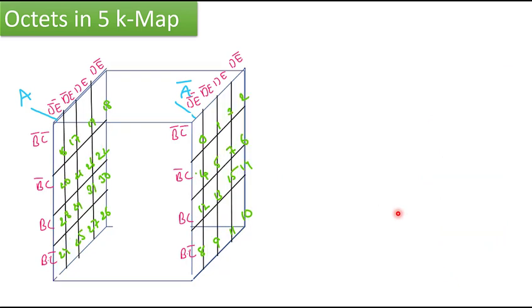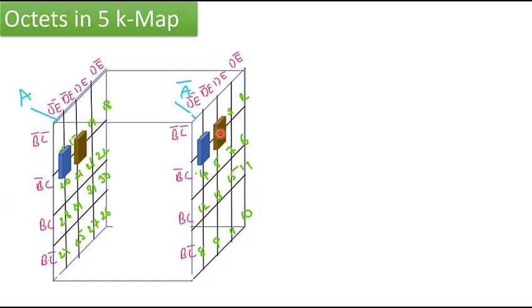Now we will see other possible octets, these 4 ones and these 4 ones. In this case your A gets eliminated, and in this case, if you look here, your C gets eliminated. In this case your E is getting eliminated, so you are going to get an expression Y equals B bar and B bar into D bar.